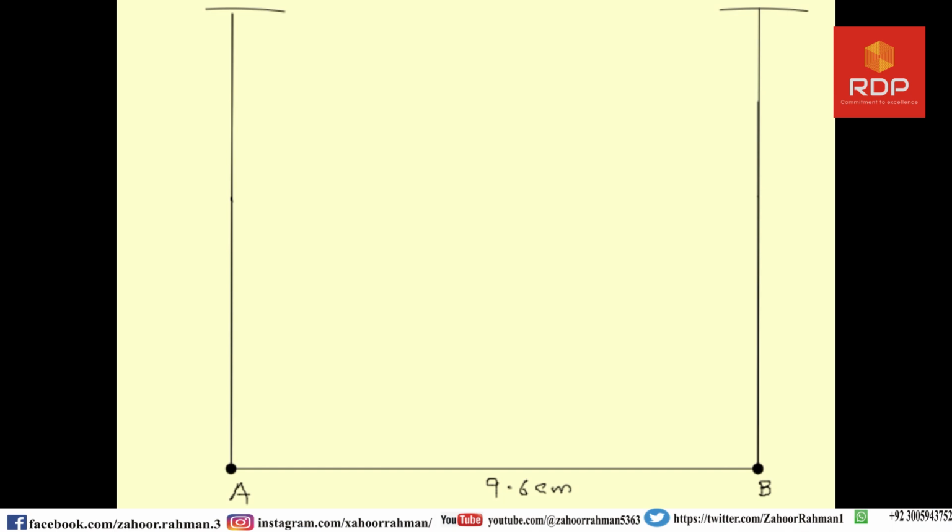So in this case, let us draw it. This will also be 90 degree, and this will also be 90 degree, and this one as well. So this side will be 8.4 centimeter, and this side will also be 8.4 centimeter.